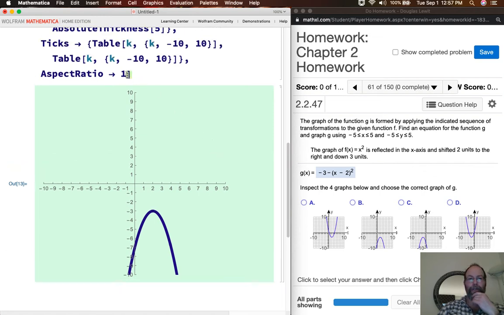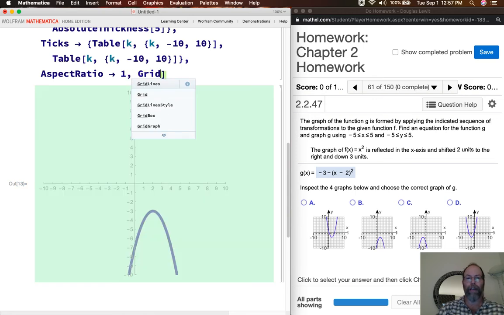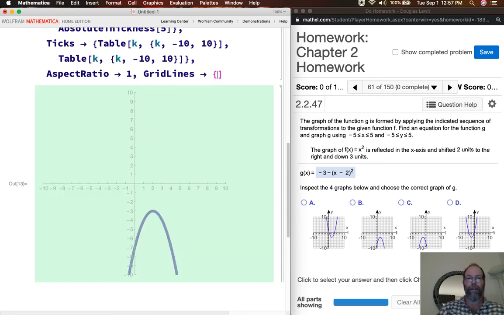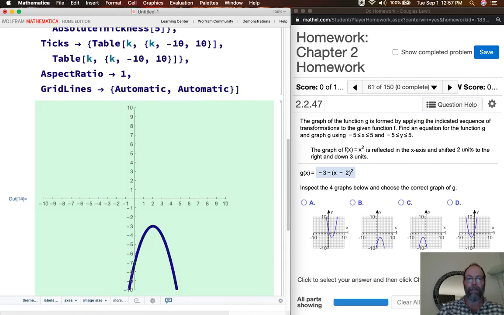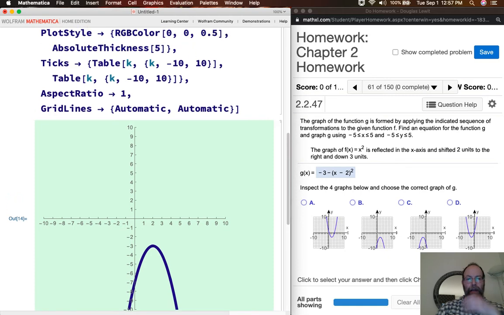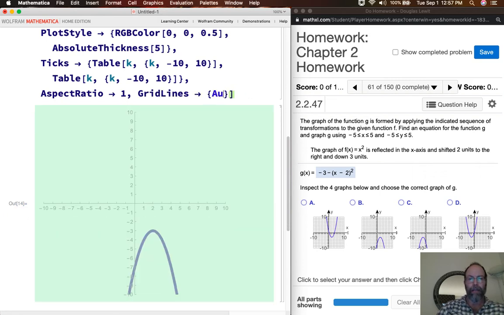We could also do this. We could do grid lines, automatic, automatic. Okay, why am I not getting my grid lines? That's weird. Let me do this.